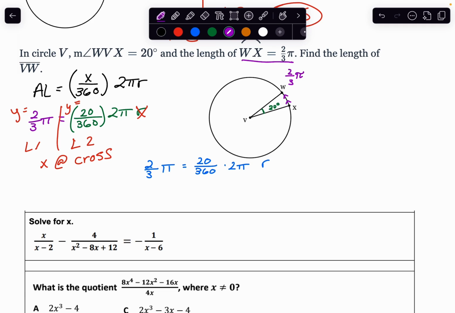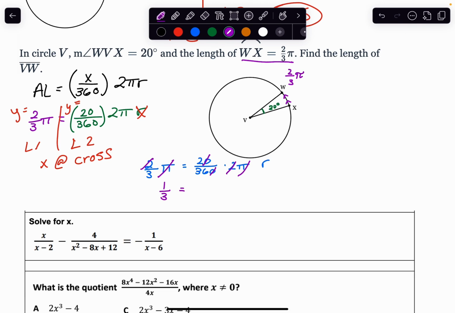Well, if I have things multiplied that are the same on both sides, I can get rid of them. So pi is the same as pi, they will cancel. And 2 is the same as 2, so they'll cancel, because that's the same as dividing both sides by 2 pi. So that leaves me with my left side being 1/3, and my right side I can simplify.